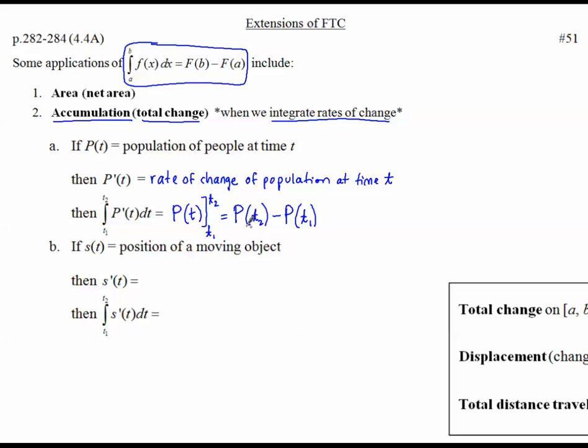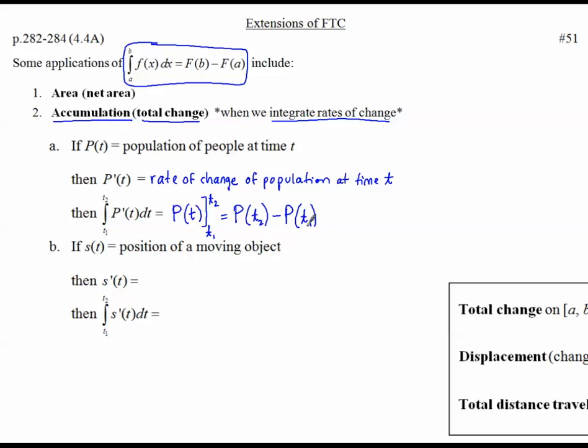This is the population at a later time, let's say the year 2015, minus the population of an earlier time, let's say the year 2000. So let's say the population of people in the year 2015 was a lot more than the population of people in the year 2000.